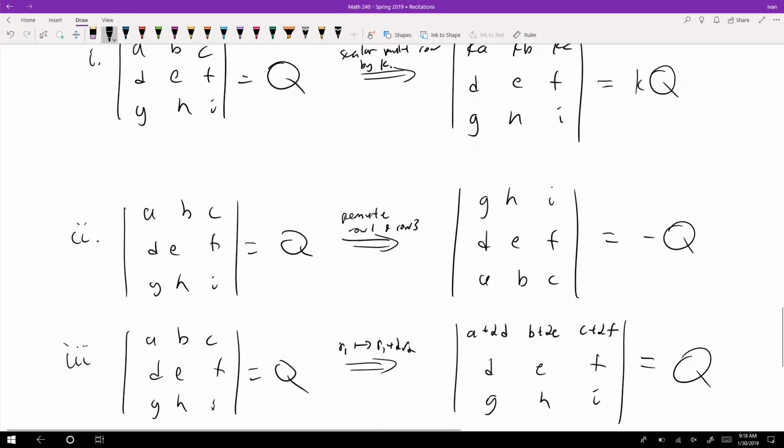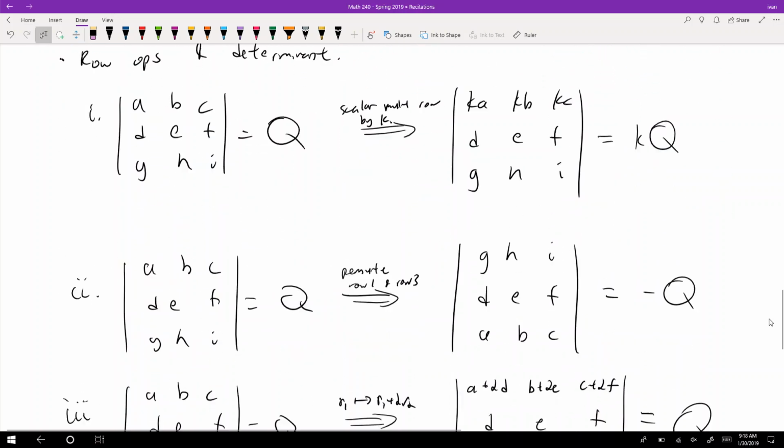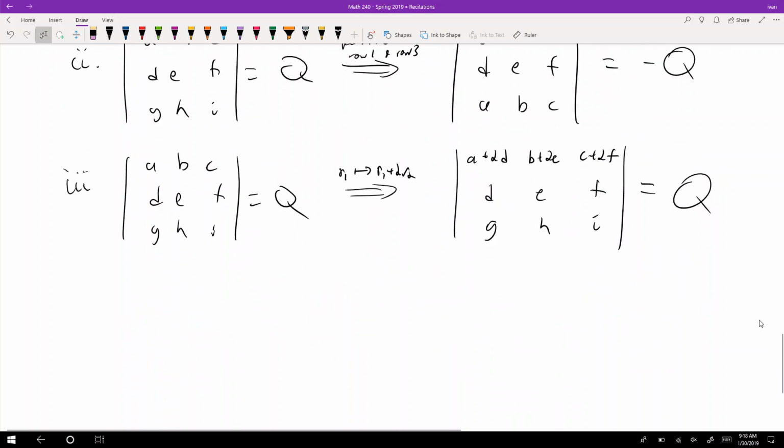All right, so now that we have this, and we have the fact that the determinant of an upper triangular matrix, or lower triangular matrix, is the product of the diagonal entries, we can use the row reduction method. So, for example, let's take a look at the following determinant: 2, 1, 3, 0, 7, 14, 4, 1, 5.